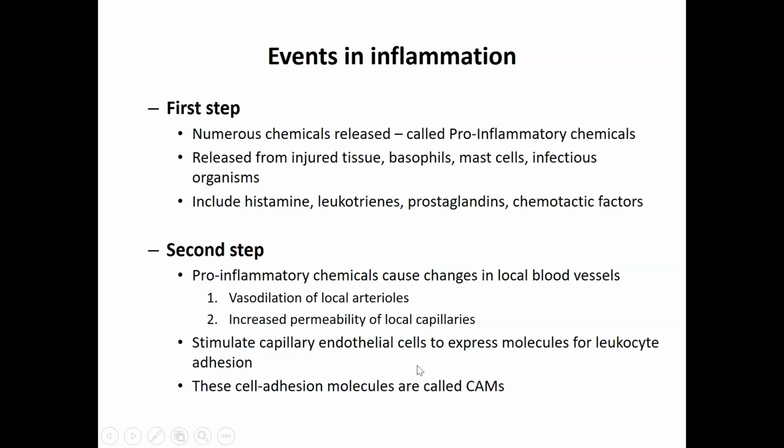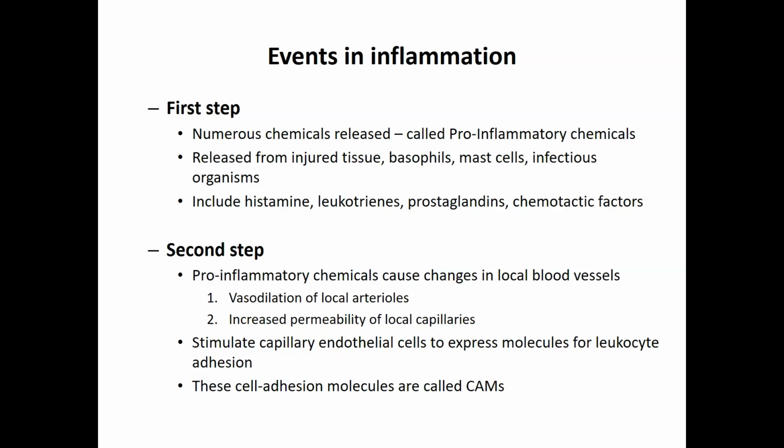The other thing that's going to happen in capillaries is the endothelial cells making up the wall of the capillaries are stimulated to produce a molecule from the inside of the vessel wall that's called a CAM, cell adhesion molecule. So this molecule sticks out into the bloodstream like a tether or a piece of Velcro.